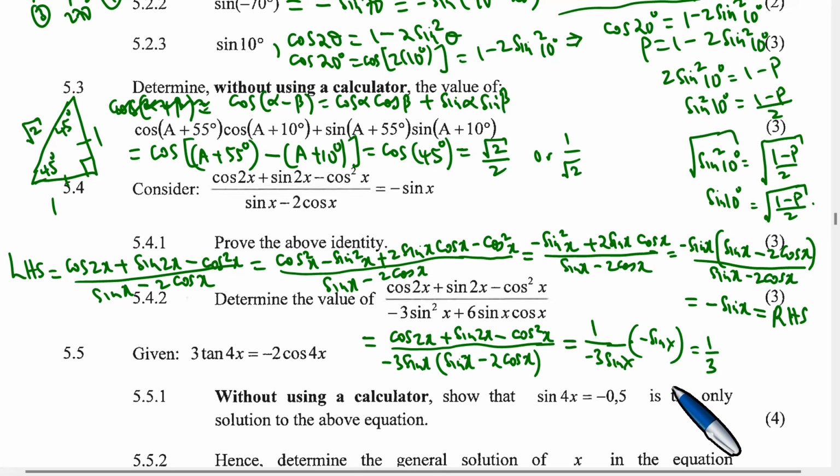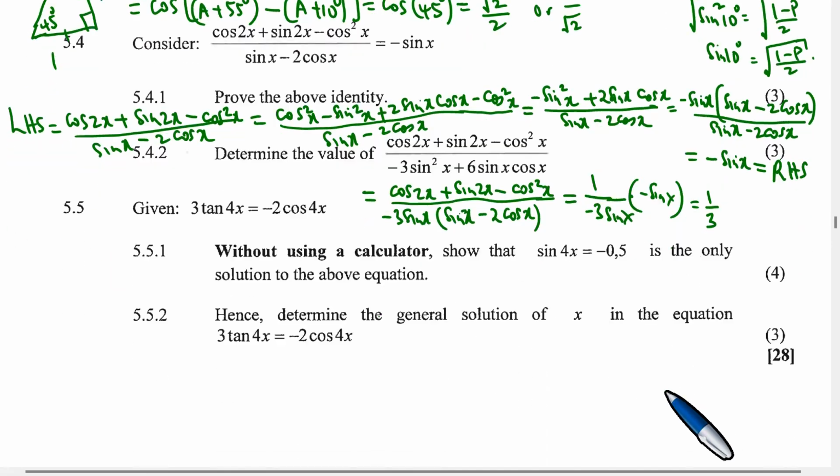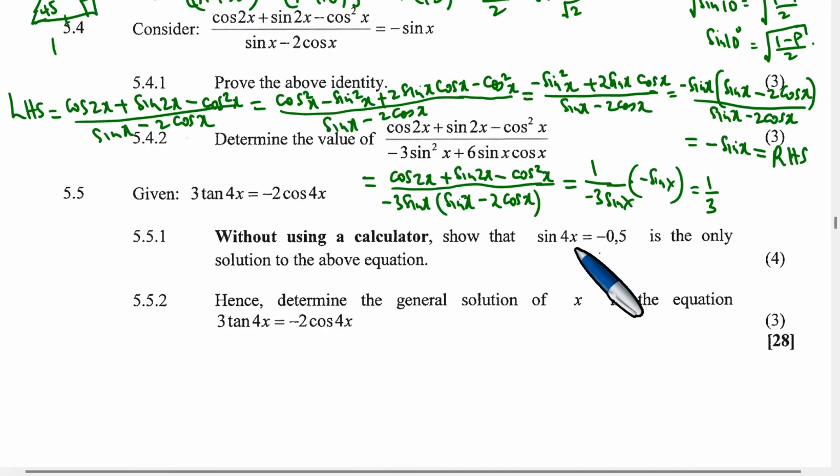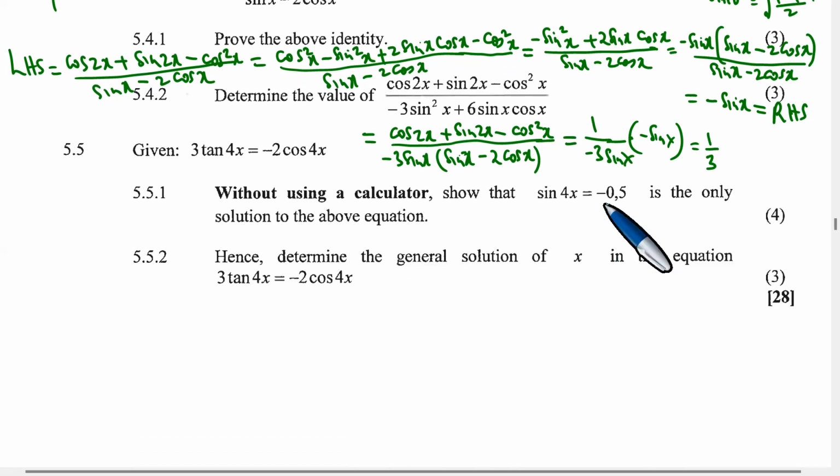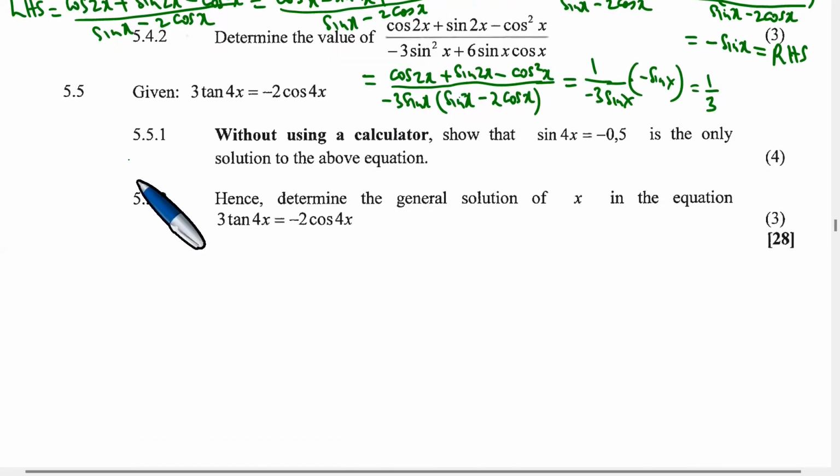Right. Next question. Without using a calculator, show that the sine of 4x is minus 0.5. So we're looking now at question 5.5.1. To do this question, we begin as follows.